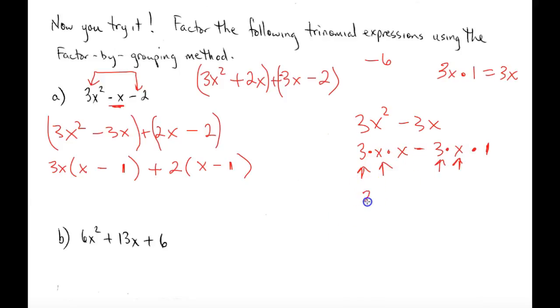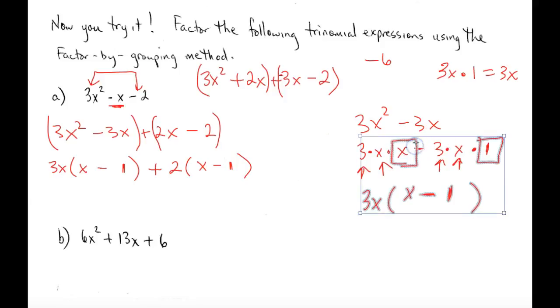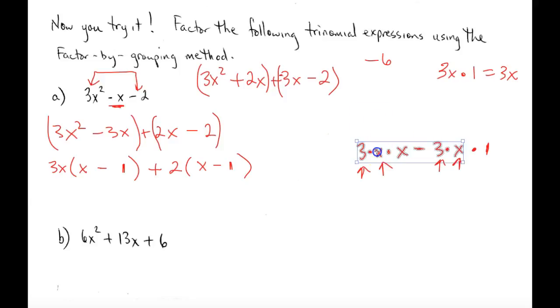And so when we do that, when we take out the 3x, what's left in the first term is just x minus, and what's left in the second term is a 1, okay? So that's how we end up getting over here 3x times x minus 1, okay? And we do the same thing here for the 2x minus 2. So I hope for those of you that may have had questions on that, that's how that gets cleared up. All right, so we'll get rid of this and finish up our problem.